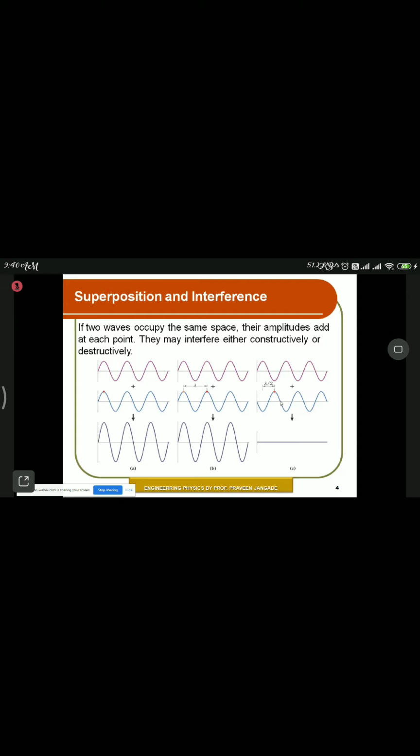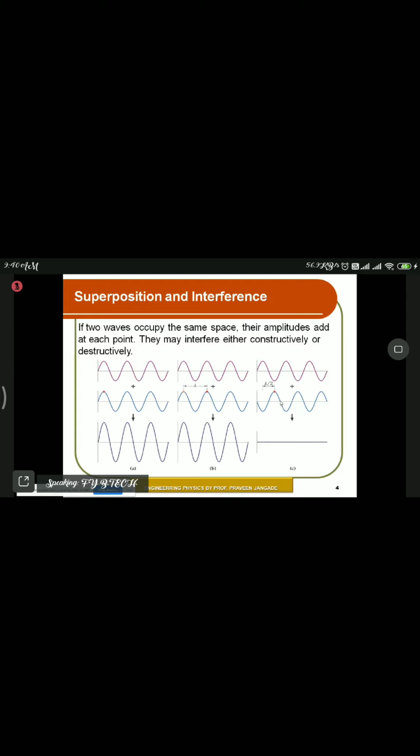Then we discussed interference. To know about interference, the main condition is to understand superposition. Superposition is a mandatory condition, and at minimum we require two light waves.